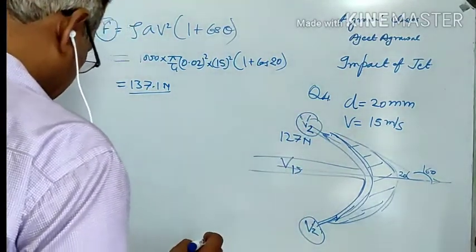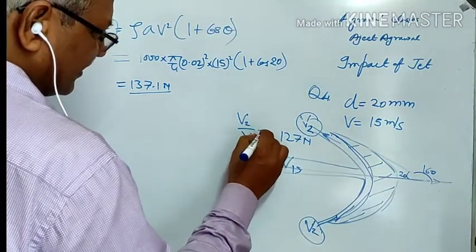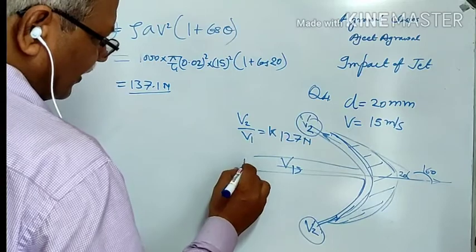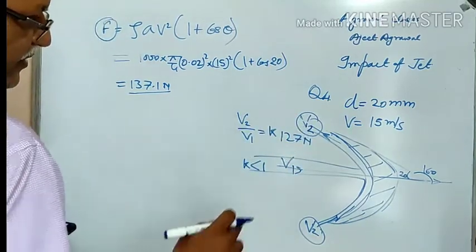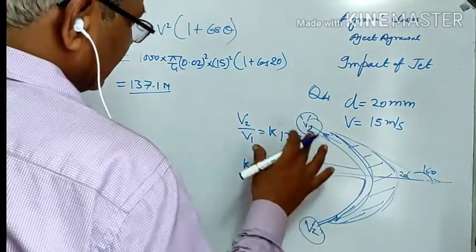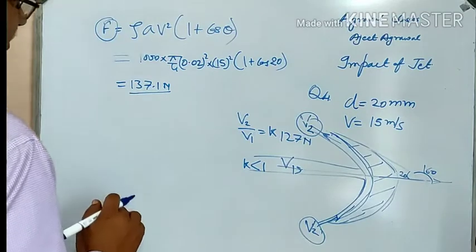So let us consider V2 by V1 as K, where the value of K will be less than 1. Then only V2 will be less, and in that case the reaction will be less than 137.1 Newton.